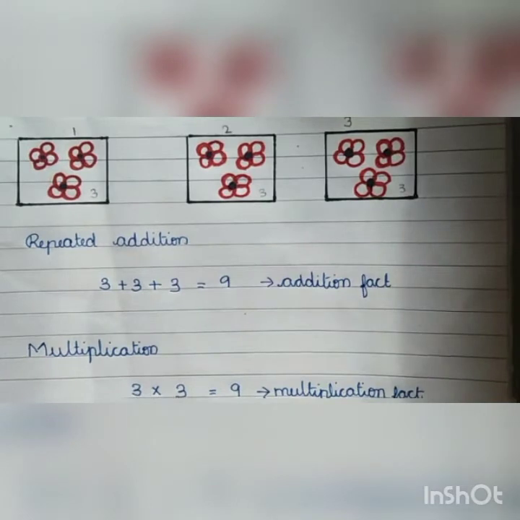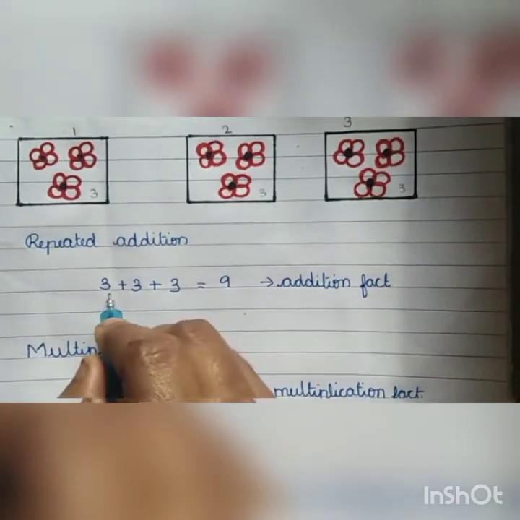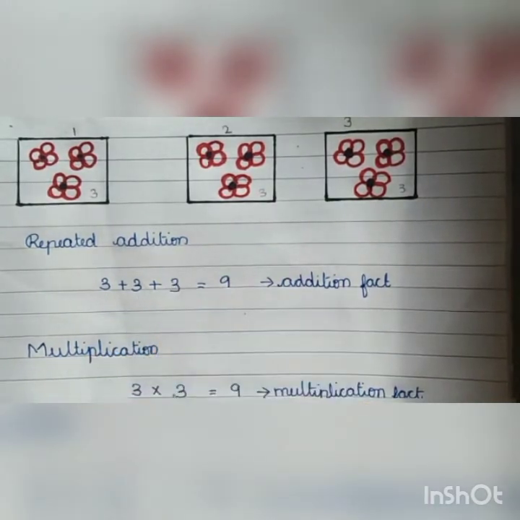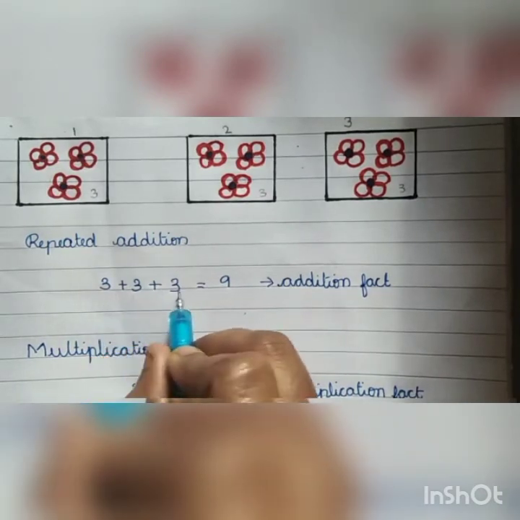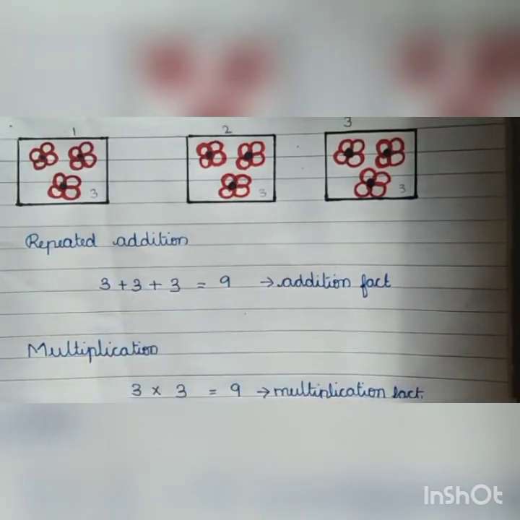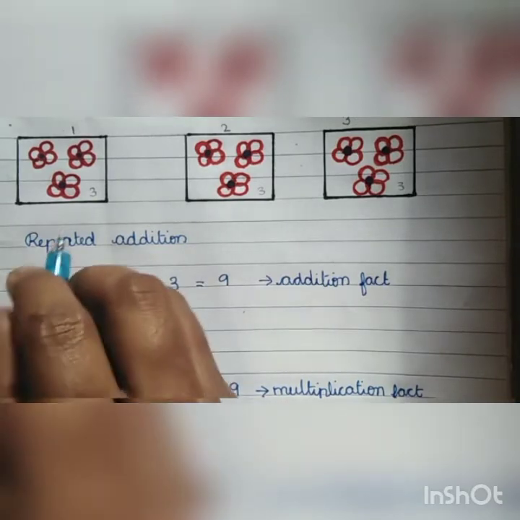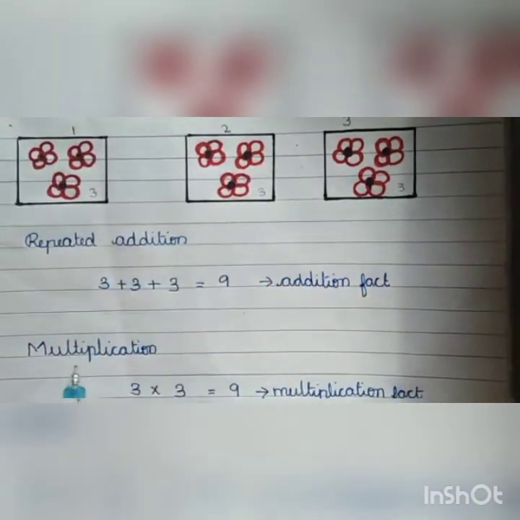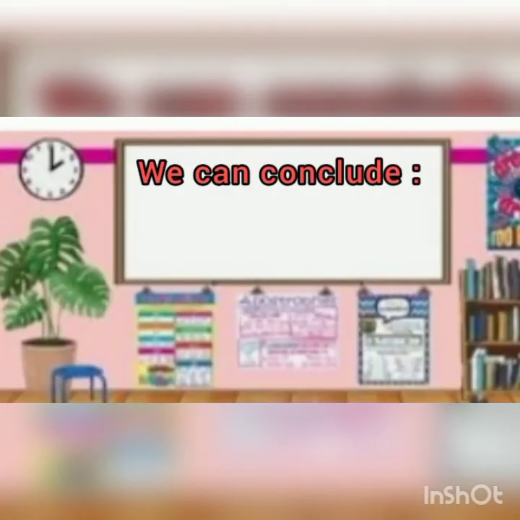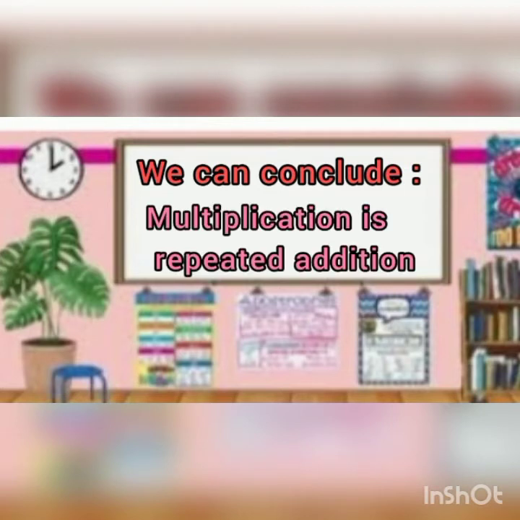Here the multiplication 3 into 3 means the number 3 is repeated how many times? Yes, 3 times. Children, from these two examples, we can conclude that multiplication is repeated addition.